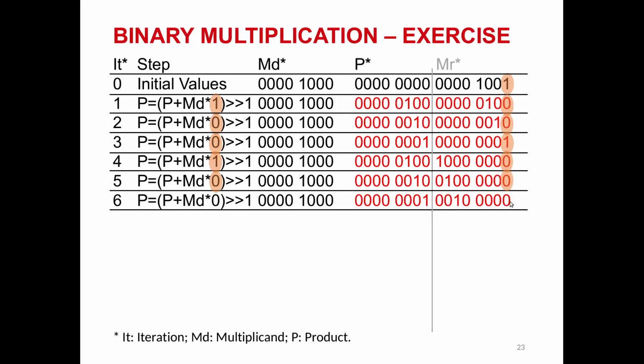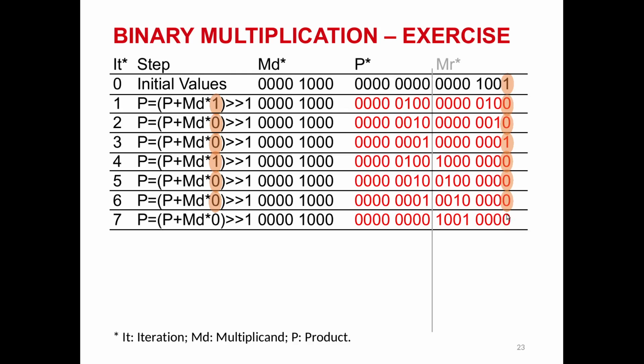And again 0 is available here, and so we will shift P to the right one more time, and we have this value, and as you can see here, the last bit in MR will be 0, and so P will be shifted again one more time to the right.